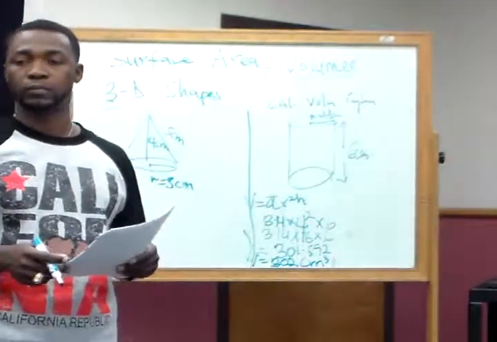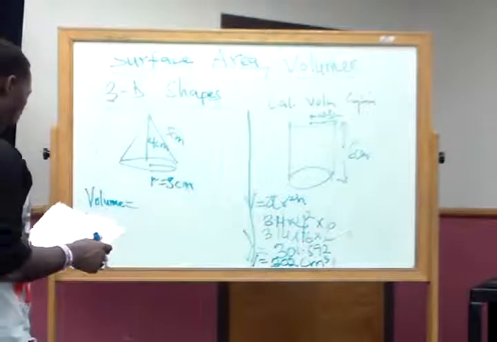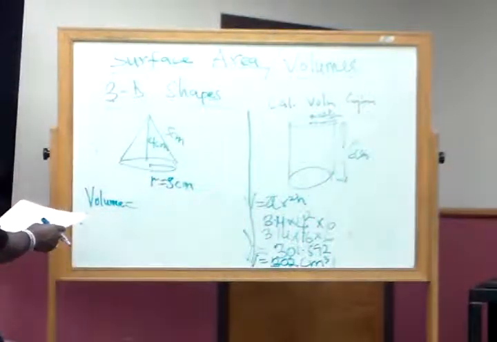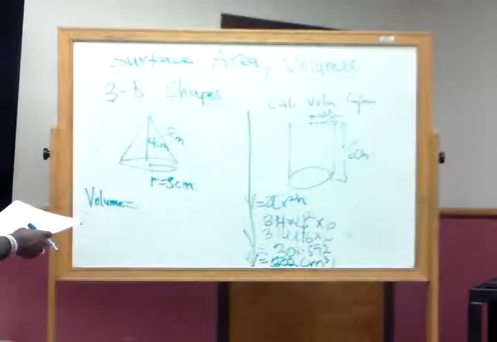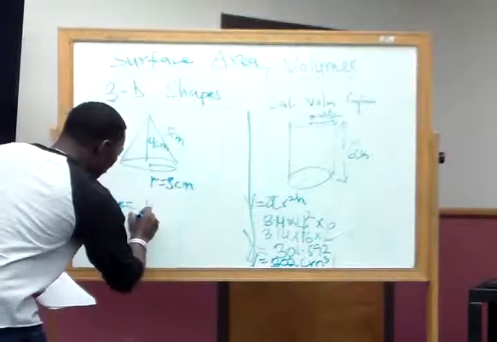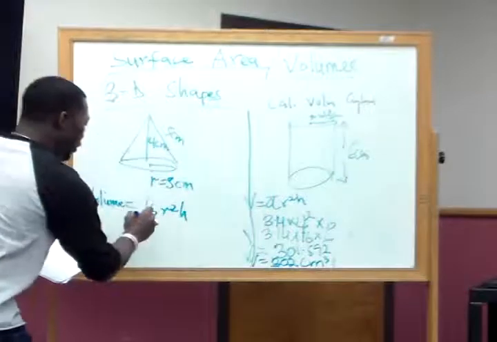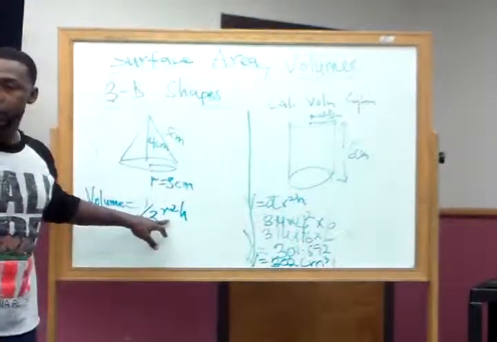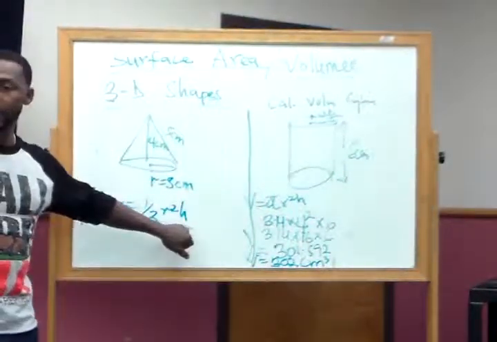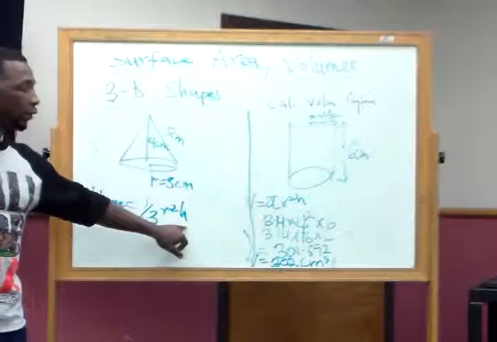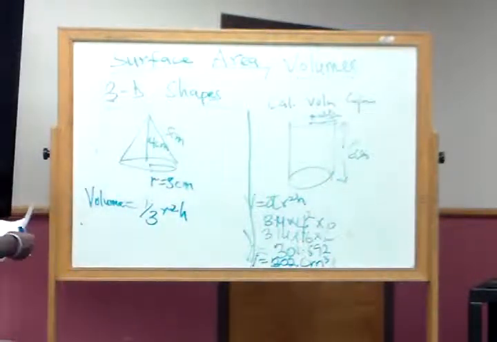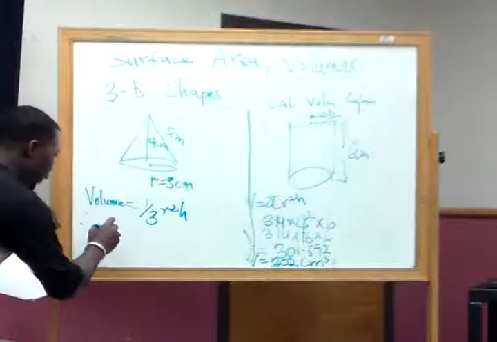I think it equals 1/3 pi r squared h. 1/3 pi r squared h. Yes. What did I say the r stands for? Radius. What about the h? The height. Great job.